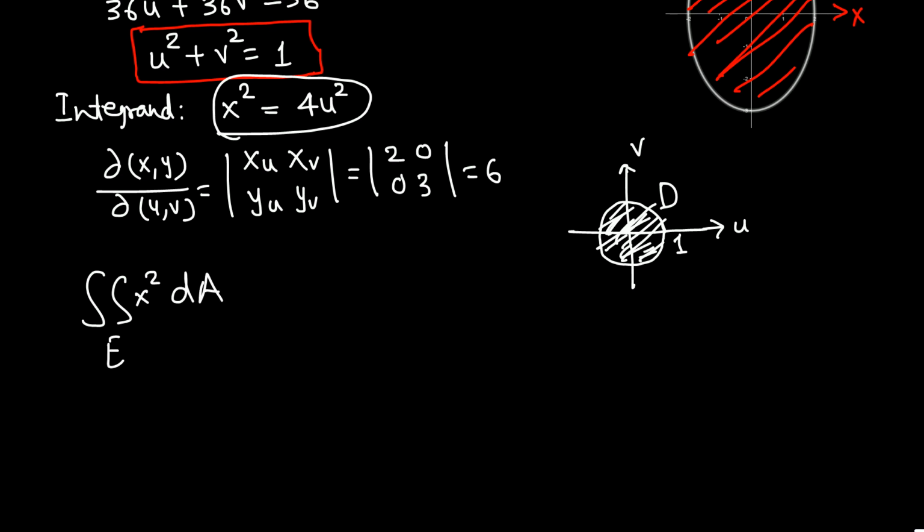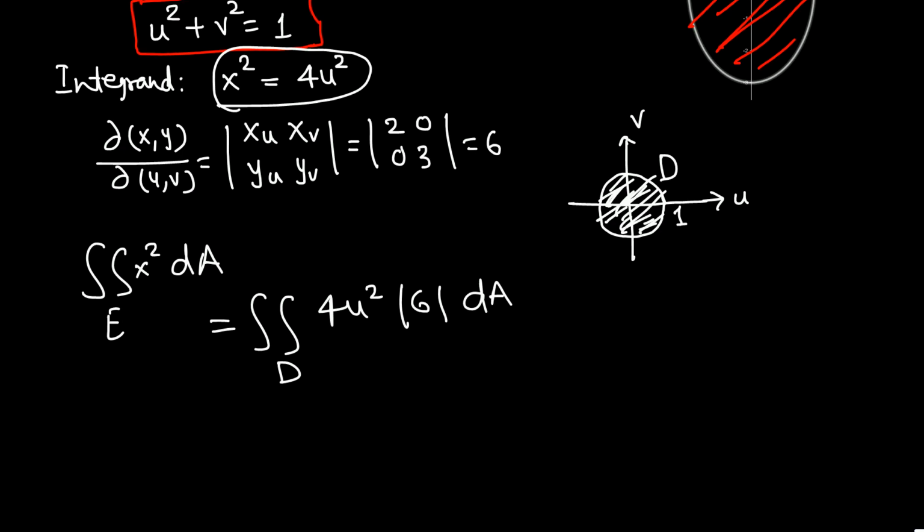Now with the change of variables, we are in the new region D, and x squared is 4u squared, and we'll have the absolute value of the Jacobian, which is 6. The absolute value of 6 is 6, and this accounts for the change in area, and the region is given by D.